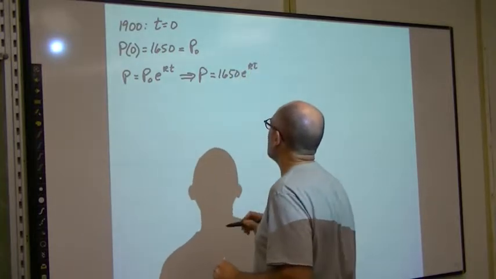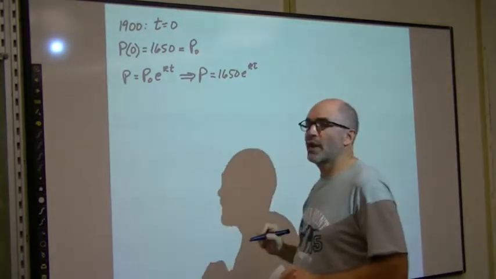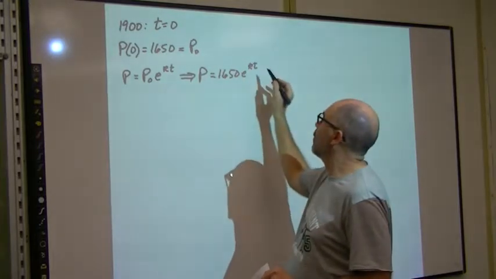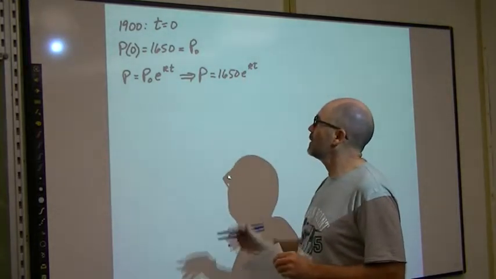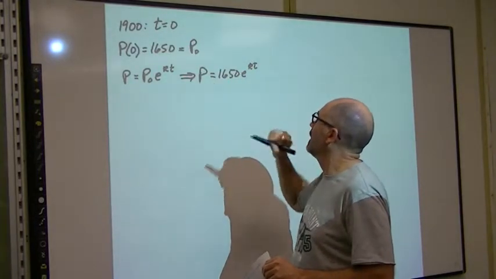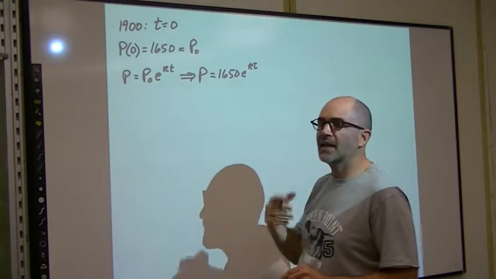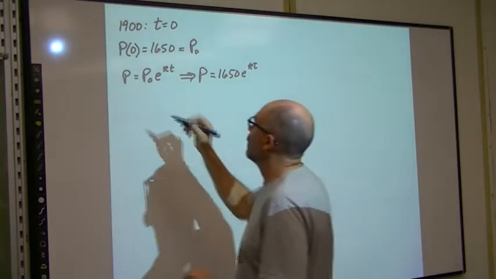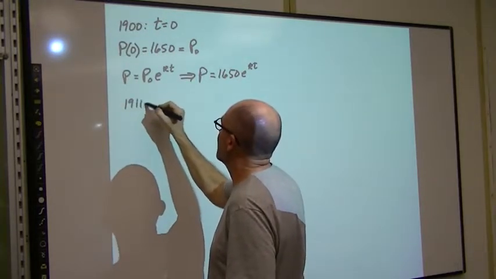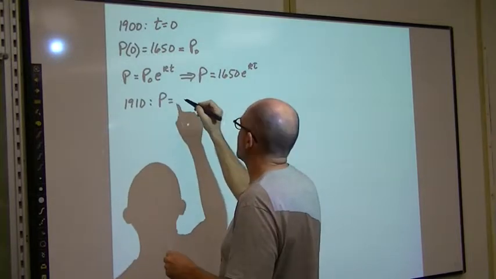Now, k isn't doing us much good if we don't know what it is. So we need a second point to figure out what k is. The initial point gave us the 1650, but now we're going to find out what k is by plugging in a second point. What we're given is that in 1910, the population is 1750.